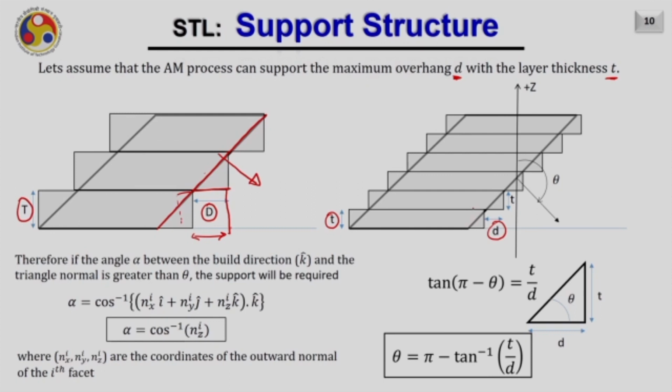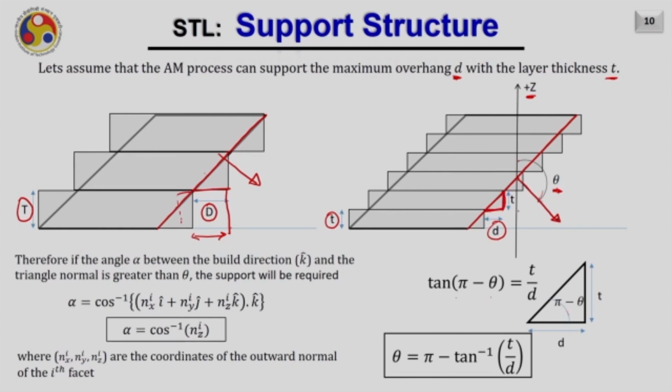In that case, let us now consider that this is the face which we want to build and this is the contact normal, which is having an angle theta from the build direction, that is plus z. You are building in plus z direction. This angle is from here to here. Now, if this angle is theta, let me consider this particular triangle.